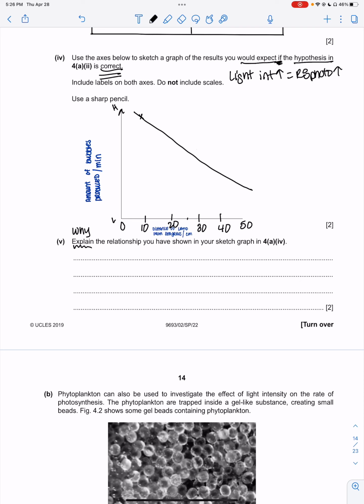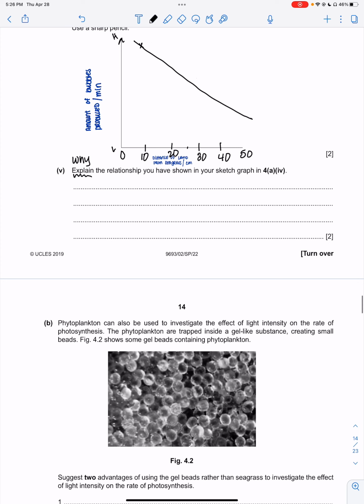In terms of your graph, let's not bring it all the way down, because then you're saying there's 0 bubbles produced at that amount, which isn't going to be legitimate.